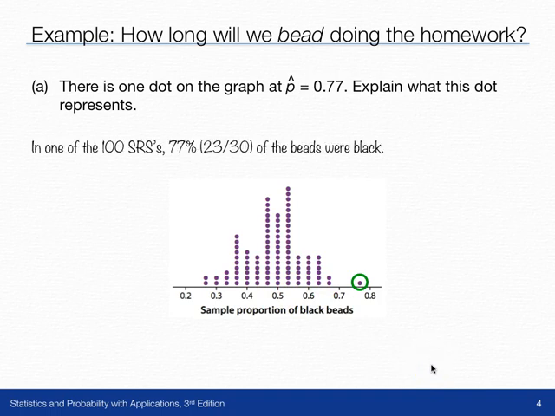So in one of the 100 simple random samples, 77%, which corresponds to 23 of the 30 beads that student selected, were black. But only in that one sample. Most of the time, the sample proportion was closer to 1/2.